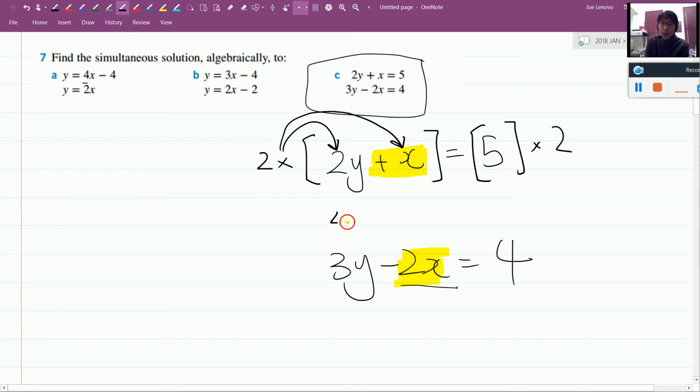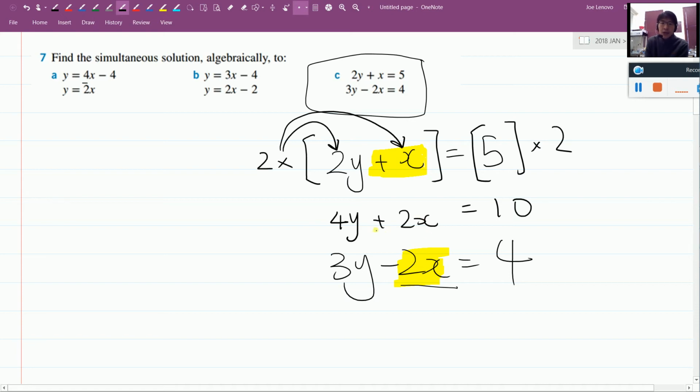2 times 2 equals 4y, 2 times 1x equals 2x, and 5 times 2 equals 10. So instead of 2y plus x, I have 4y plus 2x, and instead of 5 on the right hand side, I have 10. Now I've got 2x and 2x there.